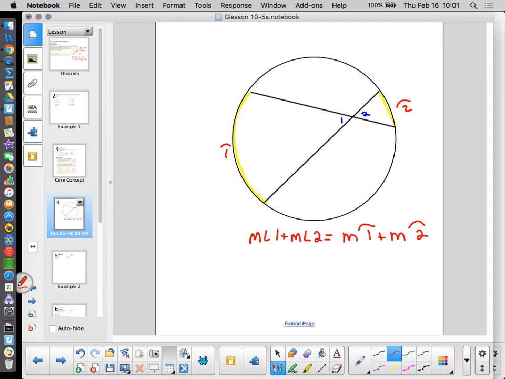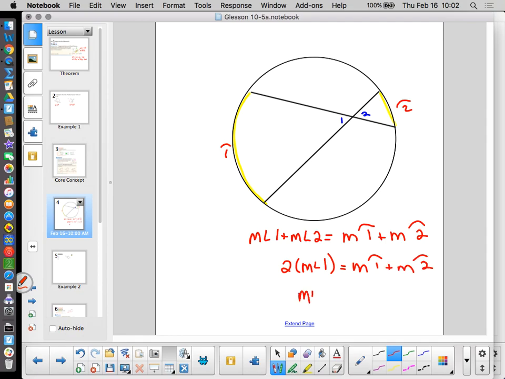But we know the measure of angle 1 equals the measure of angle 2, right? Because they're vertical angles, these two are congruent. So I could say 2 times the measure of angle 1, because that's the same as measure of angle 1 plus measure of angle 2, equals the measure of arc 1 plus the measure of arc 2.